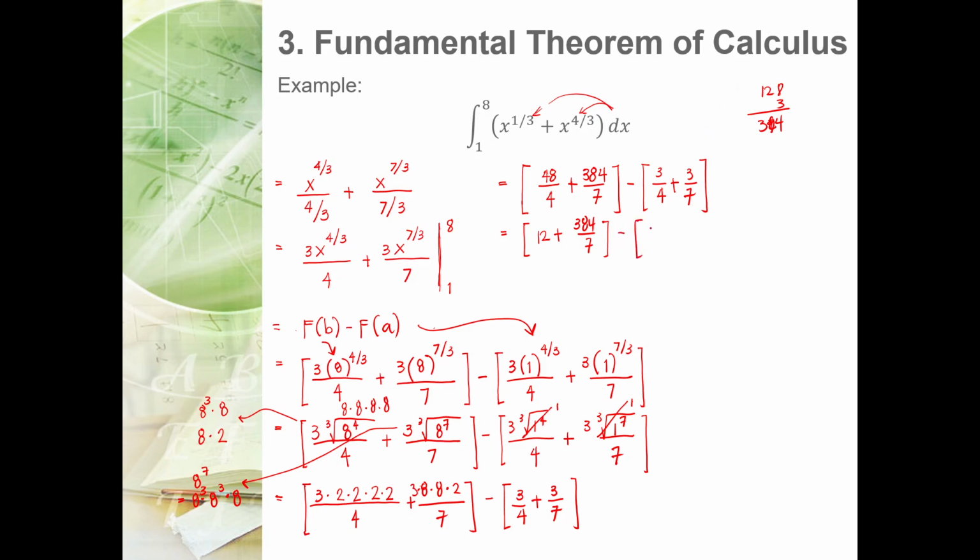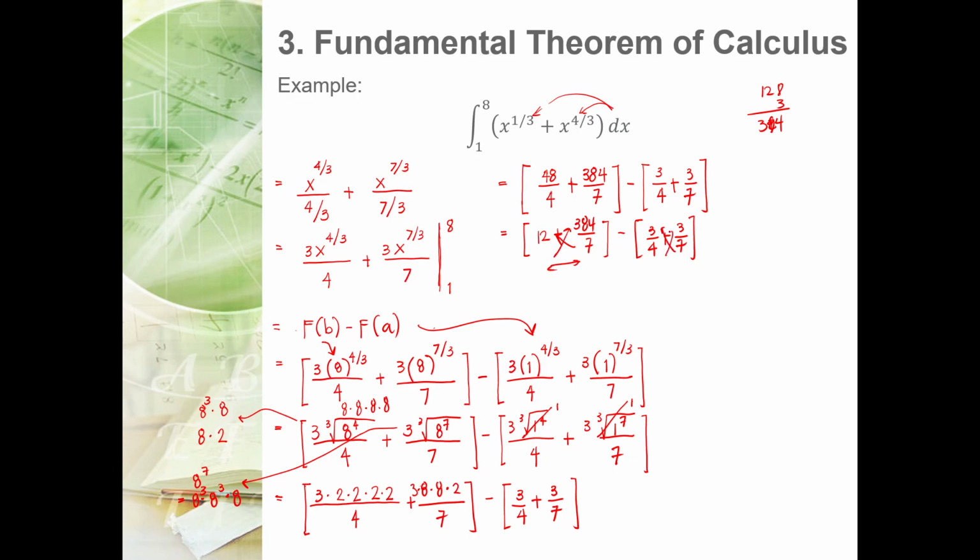Then the right side is 3/4 plus 3 over 7. Okay, so in quick adding of fractions, we can do the crisscross method.